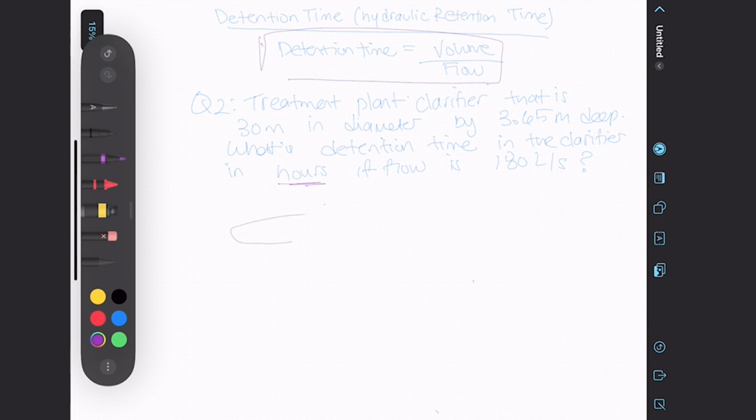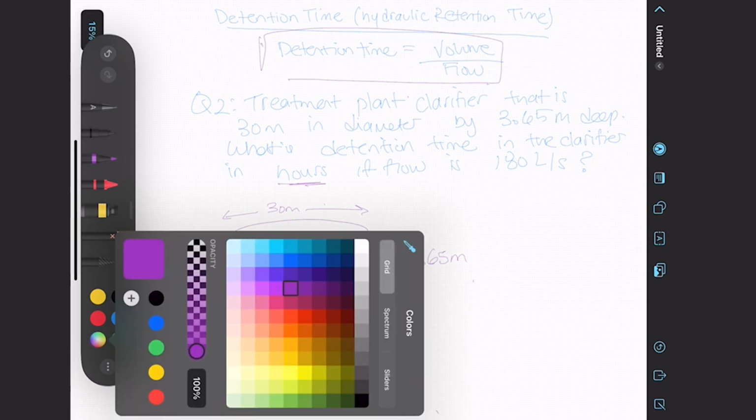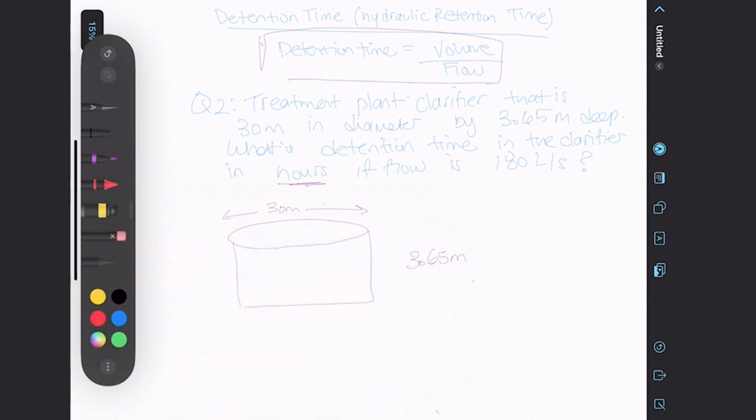We have a clarifier, and we're told that it is 30 meters in diameter, and the clarifier is 3.65 meters deep. Sorry for all the poor penmanship. My iPad is glitching a bit.